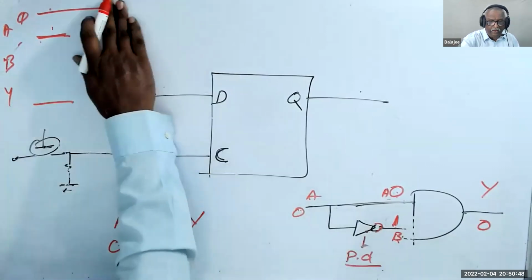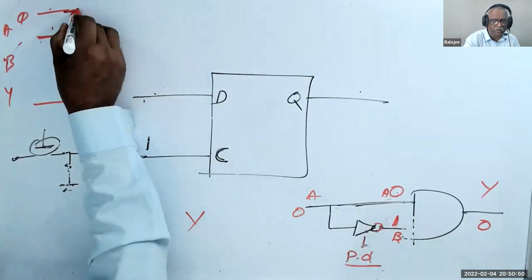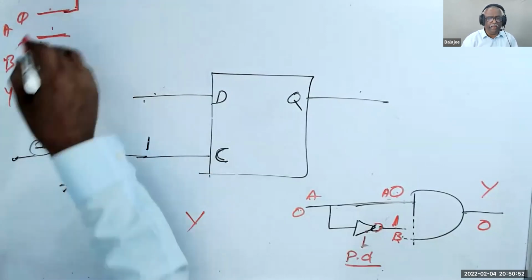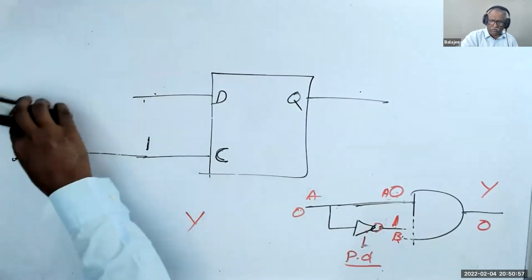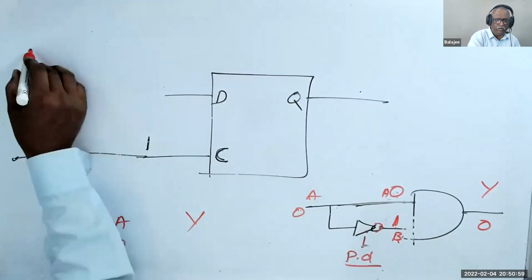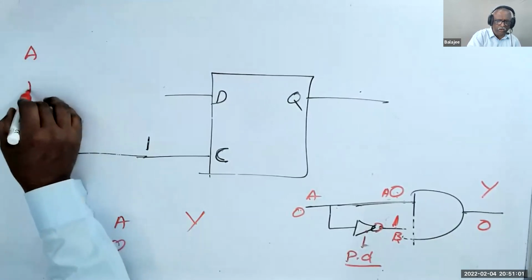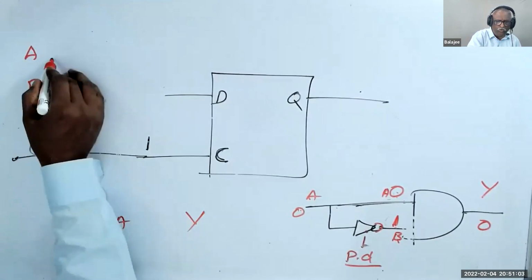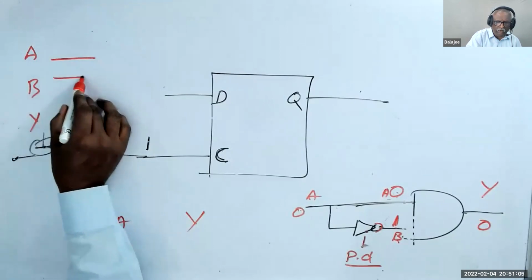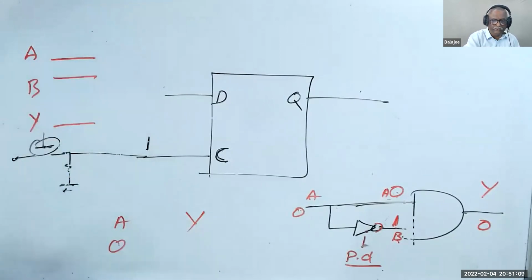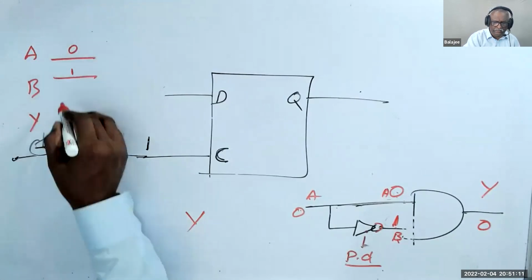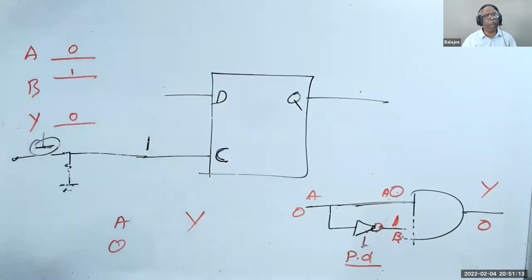When I make A as 1, A, B, Y: A is 0, so B is 1 and Y is 0. Okay. This is 0. This is 1. This is 0. Now what happened?